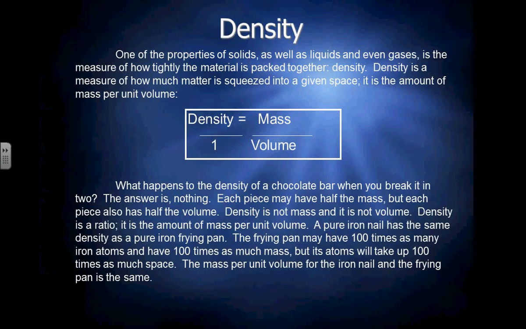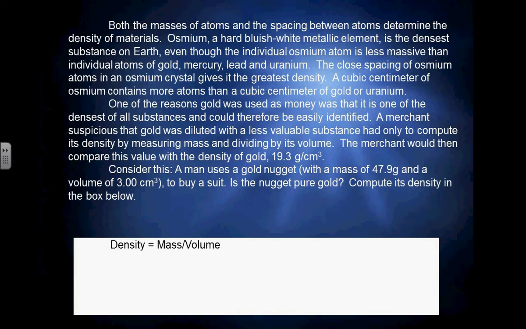And so, like we just said, size doesn't matter in terms of density, because if you have 10 times as much, its volume is 10 times greater, but so is its mass. So the ratio doesn't change. Okay, and like we said, various materials have certain densities.